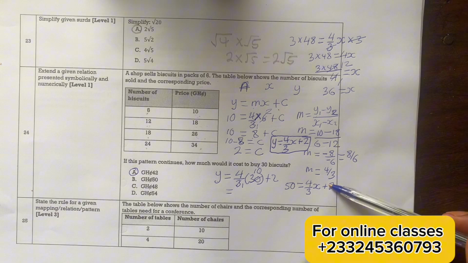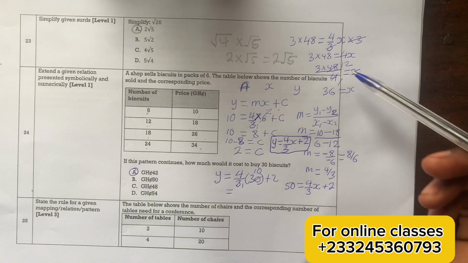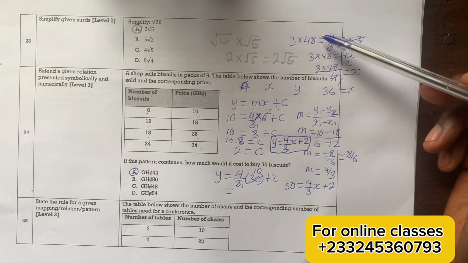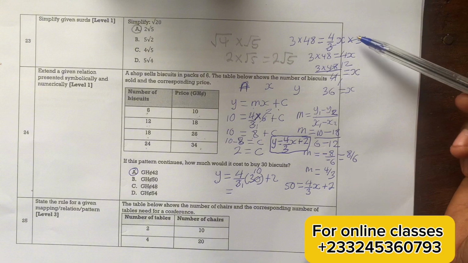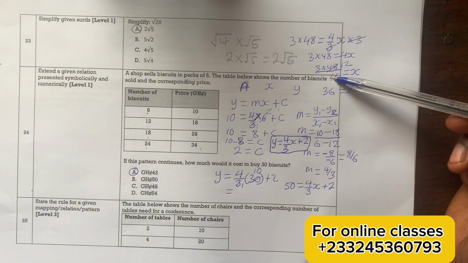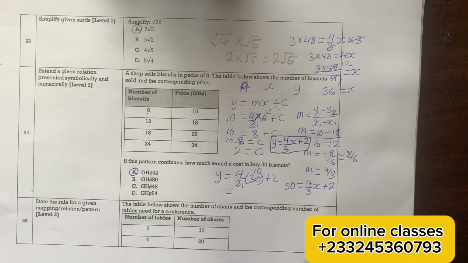So you see the steps. Subtract 2 from 50, and it will give you 48. Then we multiply both sides by 3, so we get 3 times 48 equals 4x. Then we divide both sides by 4, and we get 3 times 48 divided by 4.